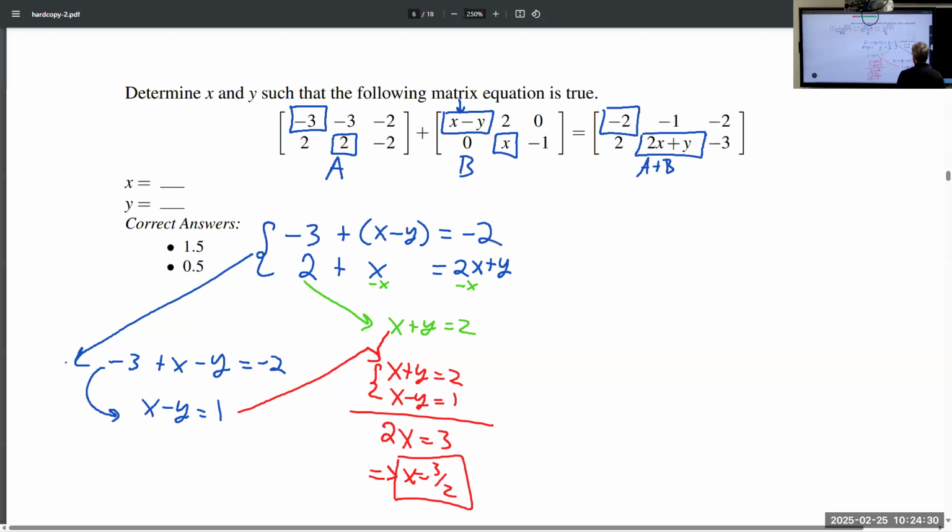And if x is 3 halves, y would be 1 half.